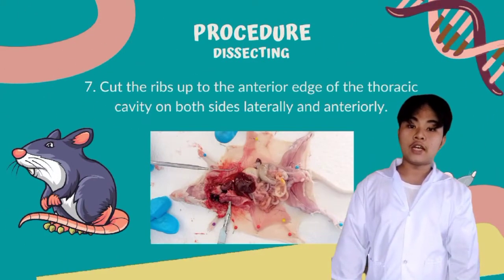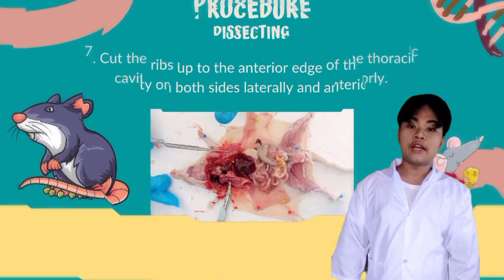Number 7. Cut the ribs up to the anterior edge of the thoracic cavity on both sides, laterally and anteriorly.